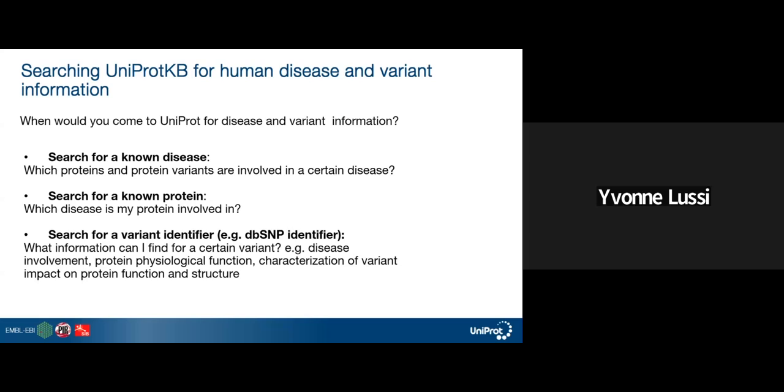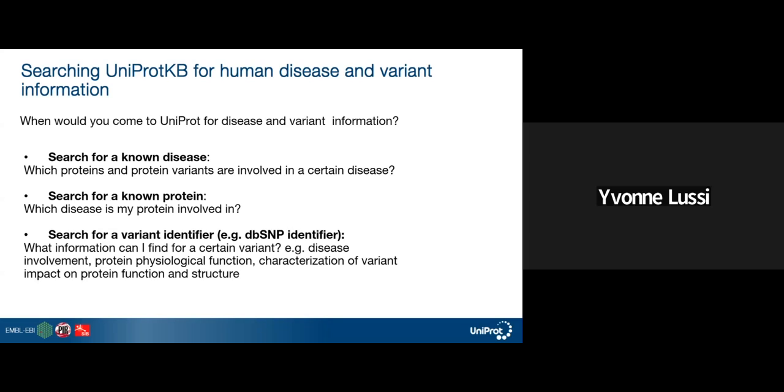So when would you come to UniProt to look for disease and variant information? I will talk through three different scenarios today of how you could search for disease and variant information. First is to search for a known disease and find out which proteins and protein variants are involved in this disease. The second is to search for a protein of interest and find out which disease the protein is involved in.